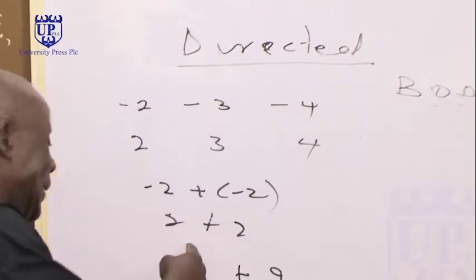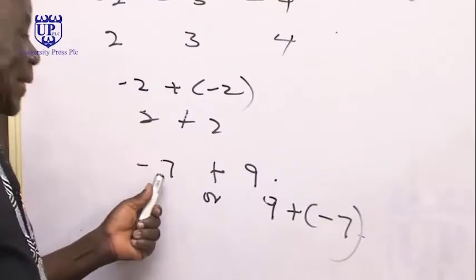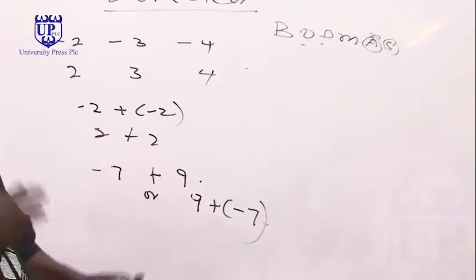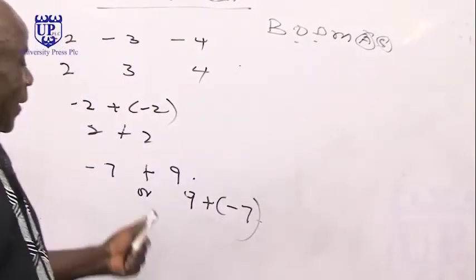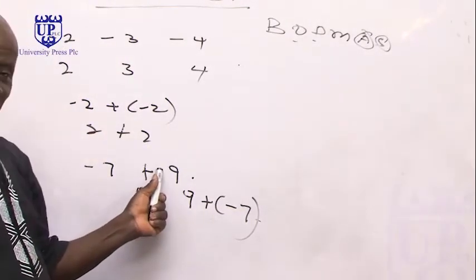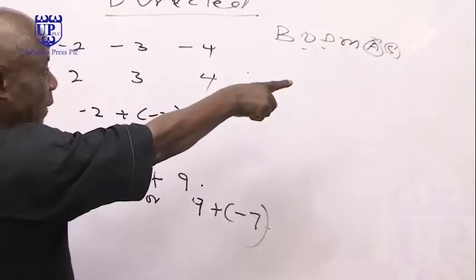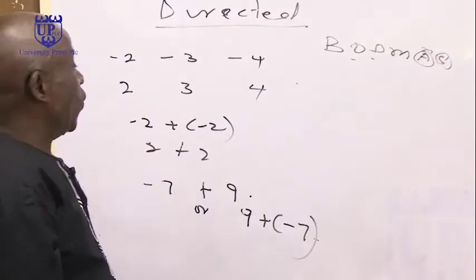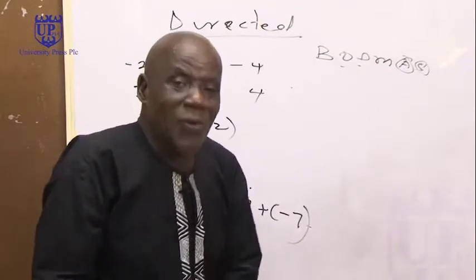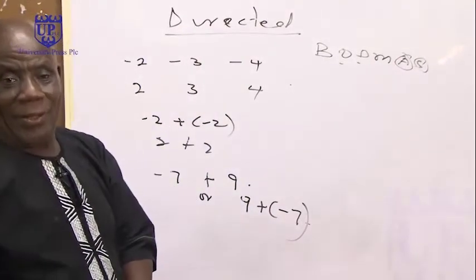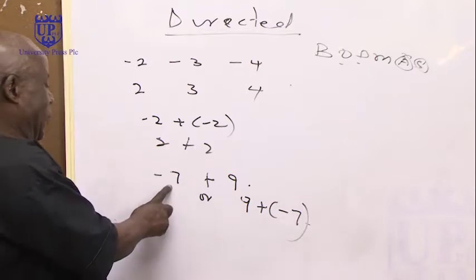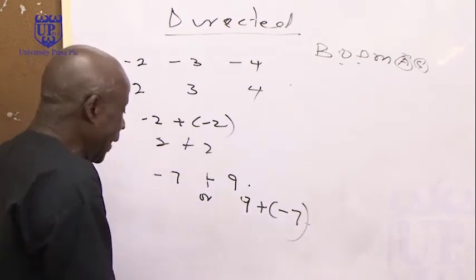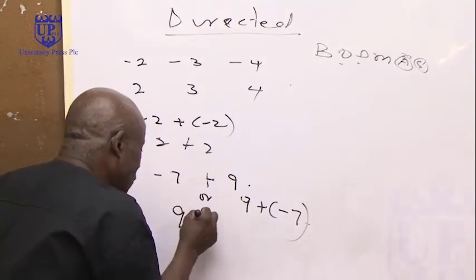Because if you say you are adding a negative and a positive number at the same time without considering the sign, this one is minus 7 plus 9. If you want to obey that rule ignorantly, the rule does not say you add positive and negative together. You have to rewrite. Minus 7 plus 9 is 9 plus minus 7, and that's why it's the same thing as 9 minus 7.